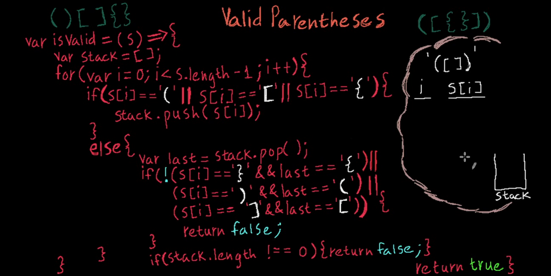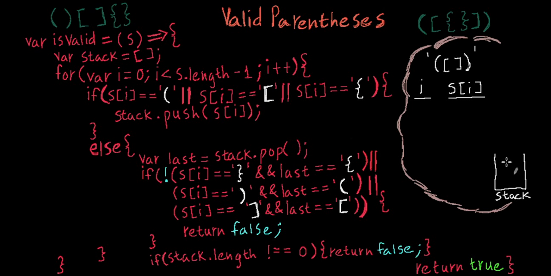The next scenario in our input string is, if it's not an opening parenthesis, we expect a closing parenthesis, and that's where the else comes in. So whenever I come into else, it automatically means I have encountered a closing parenthesis. What I do as soon as I come into else is remove the top element in my stack.